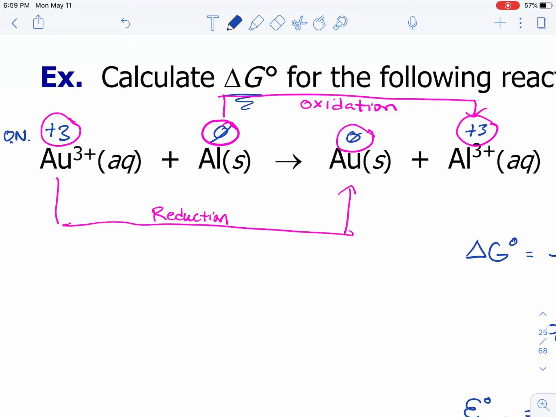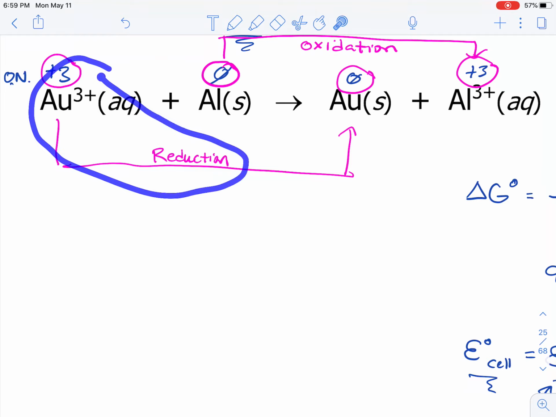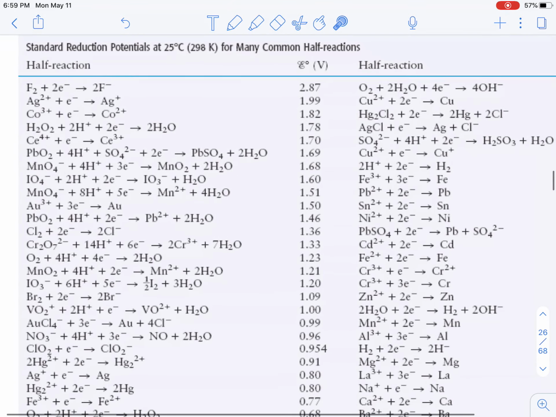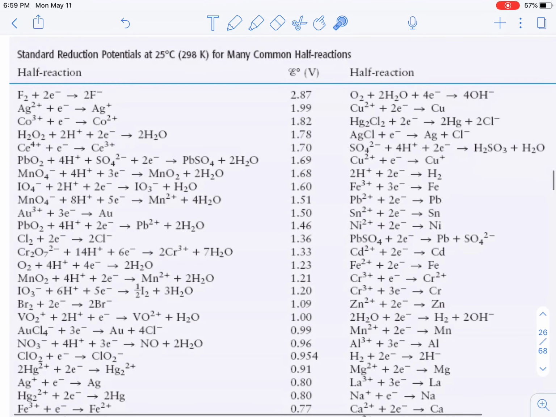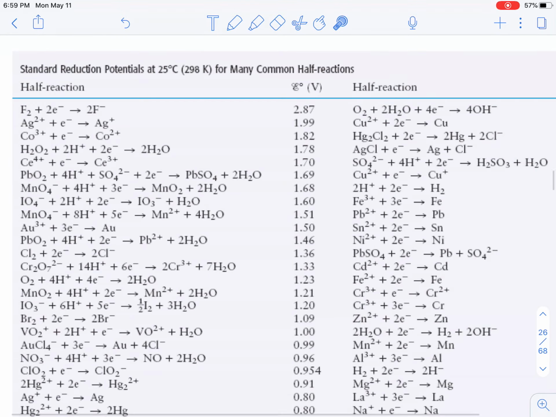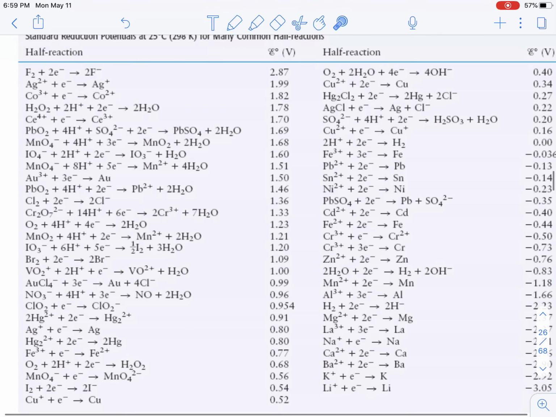And so now that we know that gold 3 plus is going to be reduced, then all we have to do is look at our reference and find the reduction half reaction that would represent the gain of 3 electrons by the gold 3 ion. It kind of feels like we're searching for Waldo here, but I'm going to just highlight this.